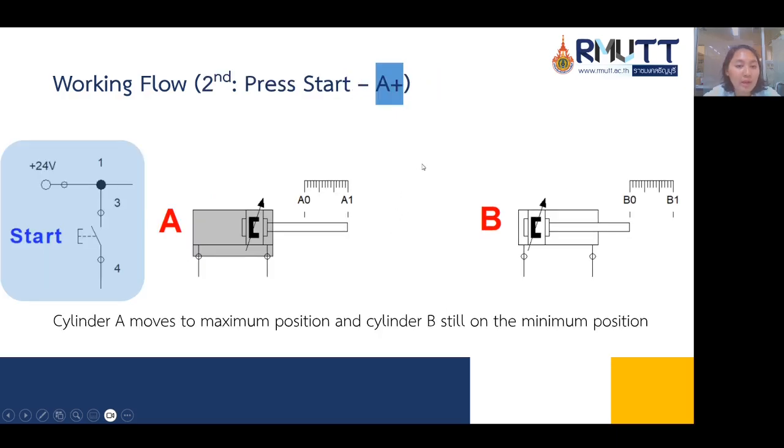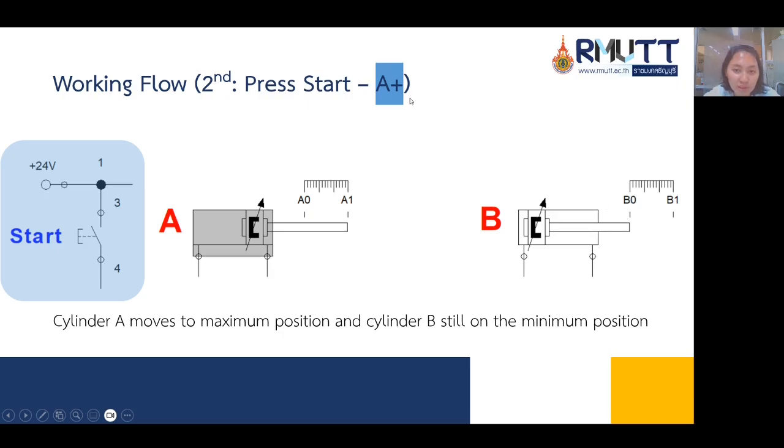And then the second, after pressing start, cylinder A moves to the maximum position, going forward, and reaches limit switch A1. Cylinder B is still in the minimum position and still reaches limit switch B0.